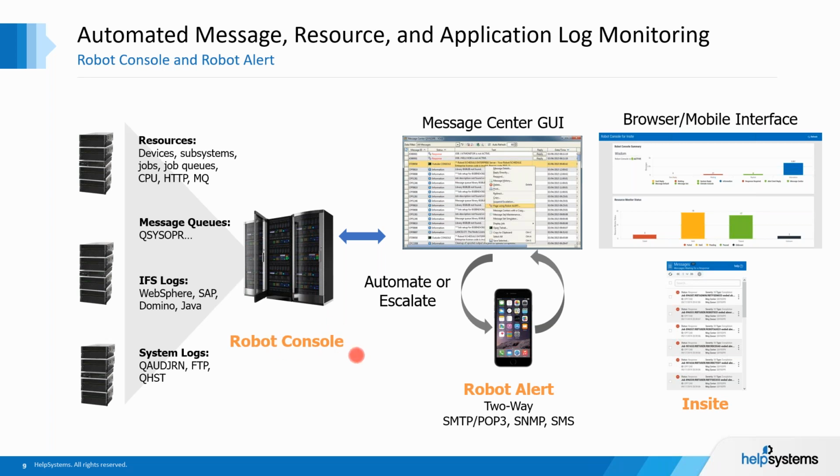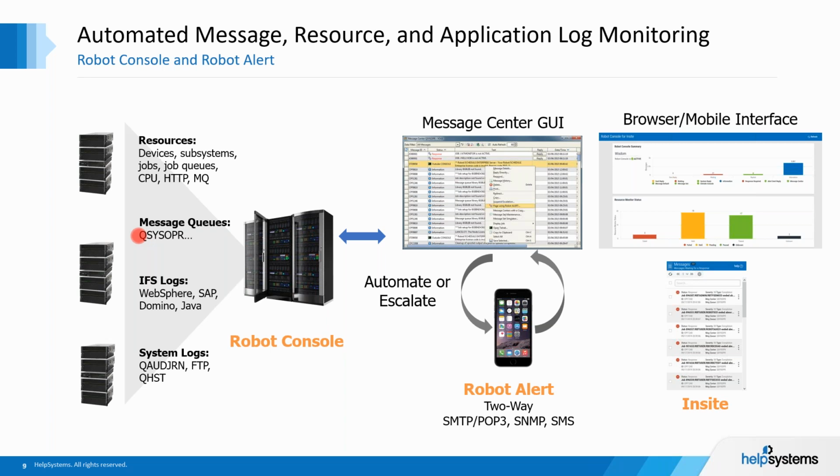And this literally happened in the last couple of years. And so that's where Robot Console got its name. Robot is the replacement for your operator watching your system console, and the original functionality was specifically around message interception and automation around QSYSOPR, QSYSMSG, or other critical message queues on your system.